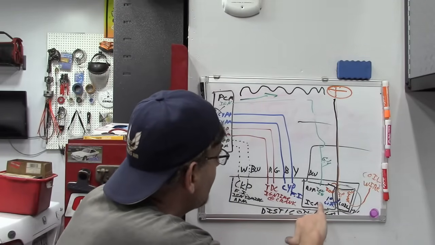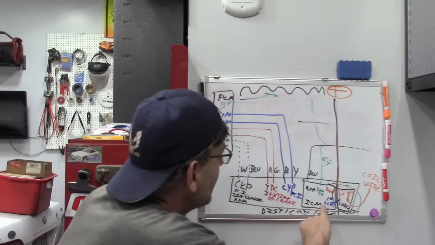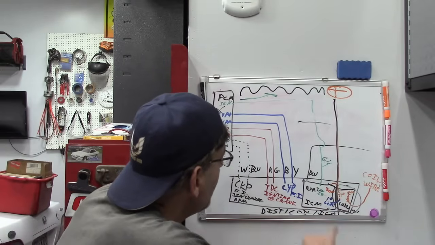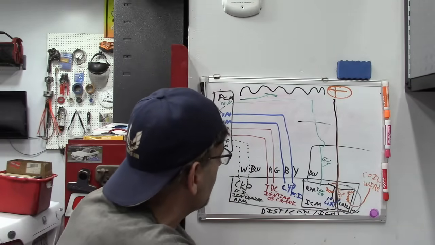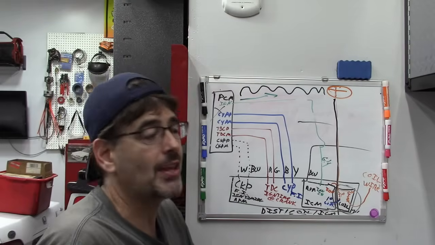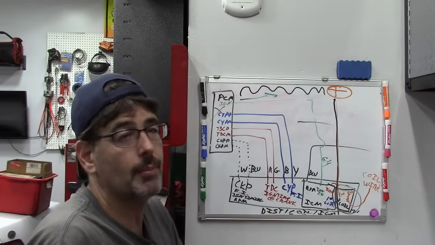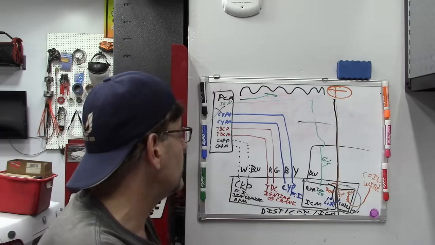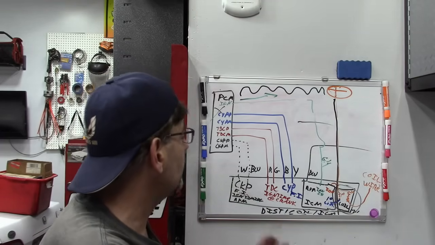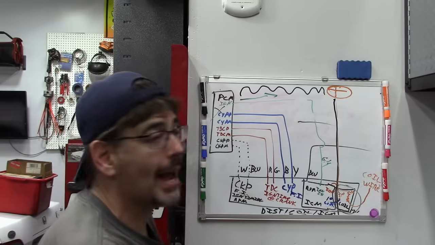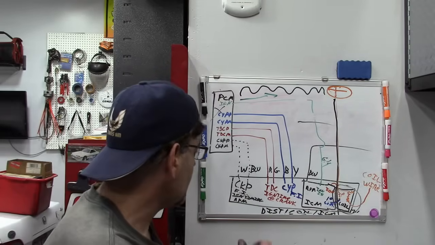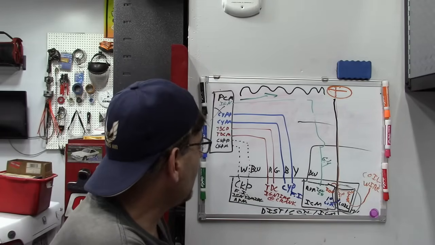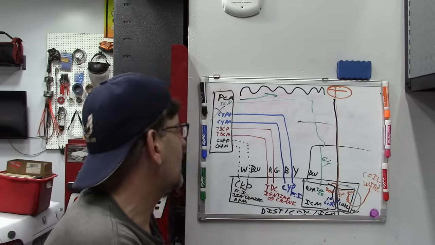Kind of indicates the ICM has some kind of grounding control as well as some kind of input control. I tried to look up about the ICM. I could not find any description on how it works. But that's okay, because the testing we are going to do is still going to conclusively show if our ICM is bad or the coil is bad. If both of those test good, then, well, then we got a problem.